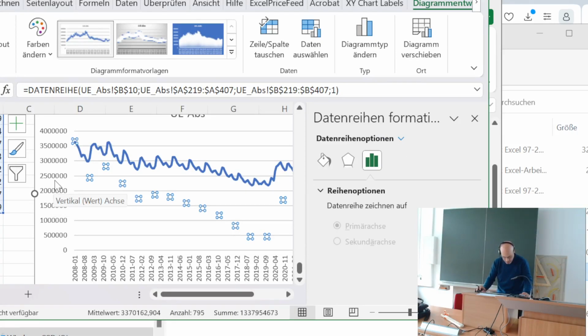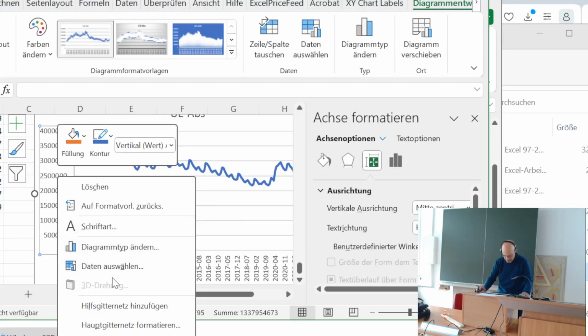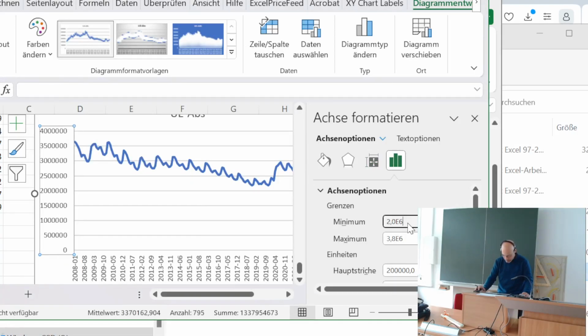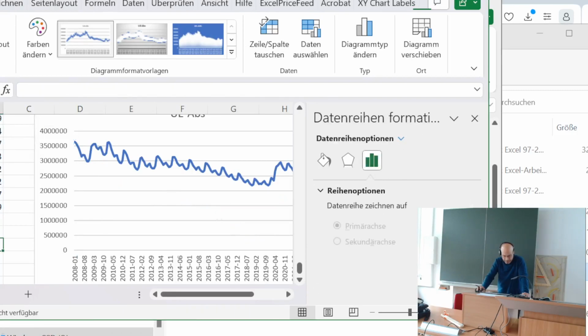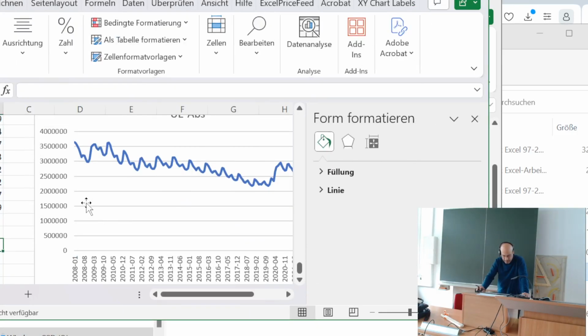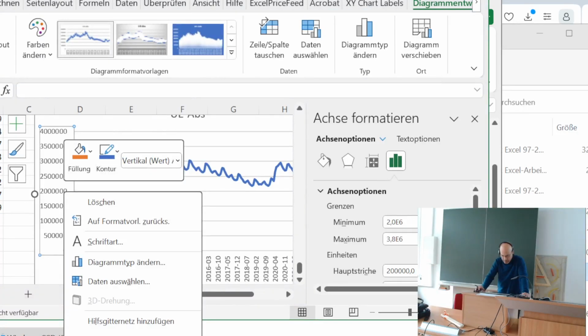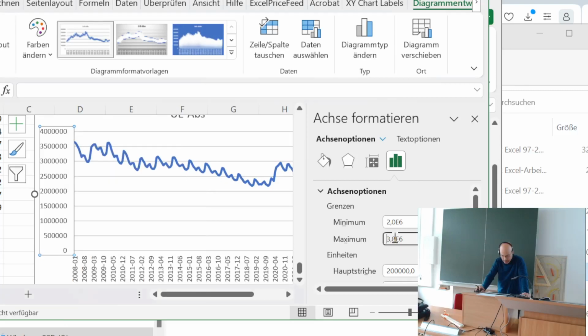Oh, this didn't work. Why? Again. Axis. Why didn't it work? This should work. Always something new. So I changed this. 3.8.